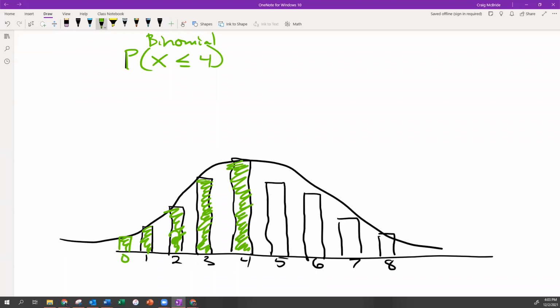But we could approximate it by finding the area under the normal curve. But because this thing is centered, the center line is sitting right on 4. So when they start talking about less than or equal to 4, if we then came along and did the probability that X is less than or equal to 4 for a normal curve, it's going to do all of this.